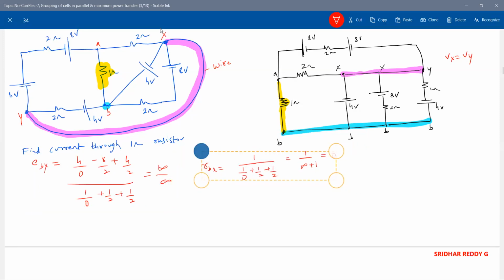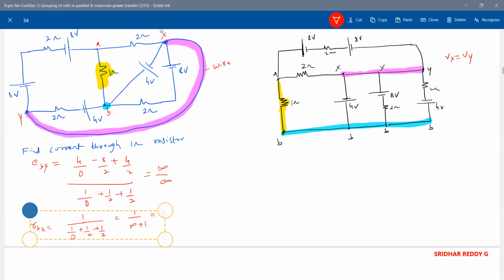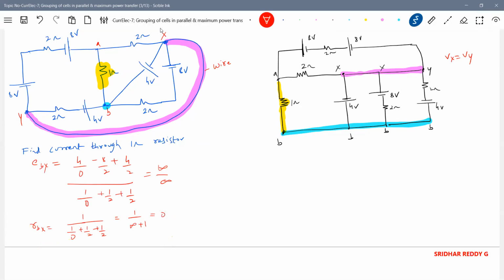Even for you, me, anybody, what happens should think, analyze here. Okay, so if I replace them, this will be 16 volt. There's a 2 ohm, there's everything. This is the 2 ohm.